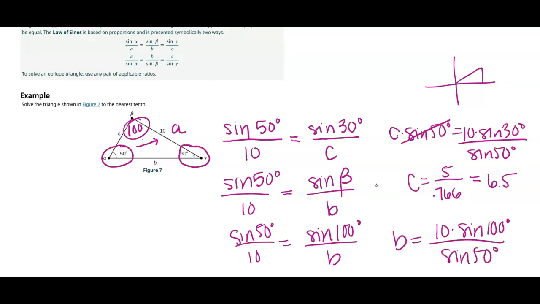The sine of 100 degrees is 0.98. I'm going to multiply that by 10 and then divide that by 0.766. And I get 12.9.